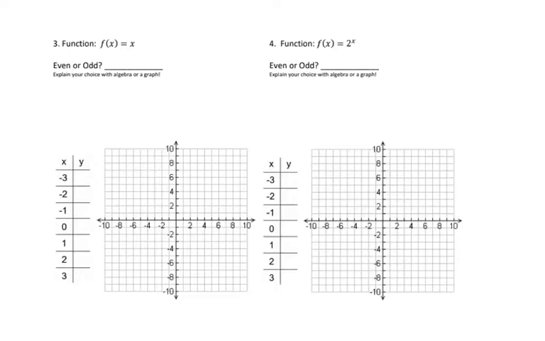So if I graph and plug in a -3, the answer is 0.125. The result from plugging in a -2 is a fourth, or 0.25. -1 becomes 0.5. 0 is 1, 1 is 2, 2 is 4, and 3 is 8.